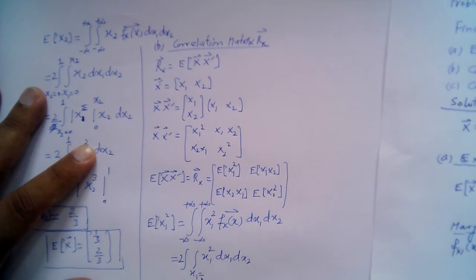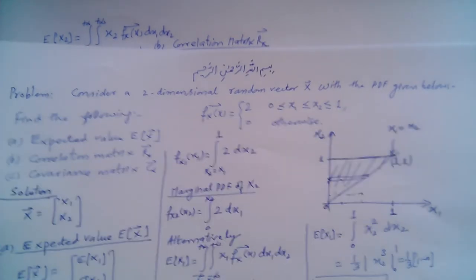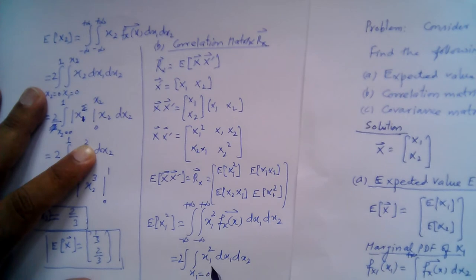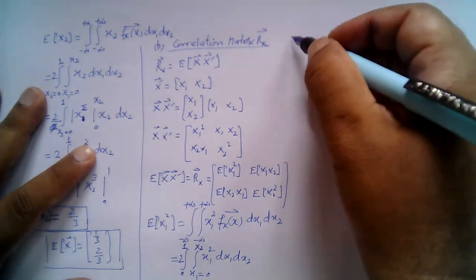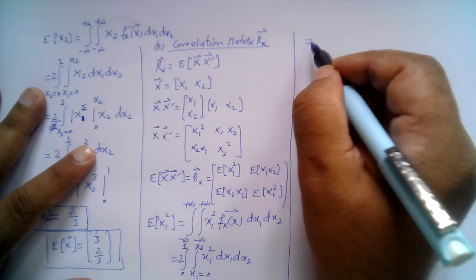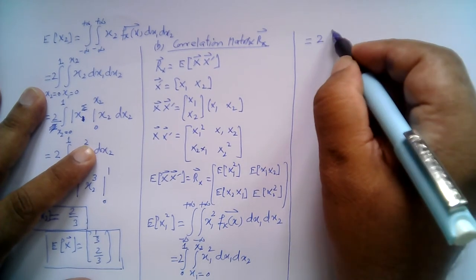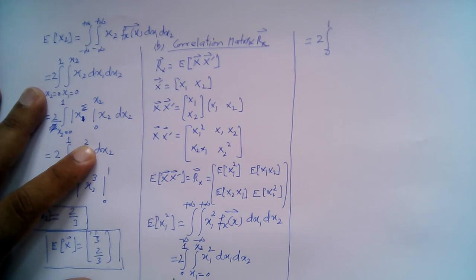So limits for x1 are again from 0 to x2, and limits for x2 are from 0 to 1, right? So this is 2 constant here, 0 to 1, which are the limits for x2, right?